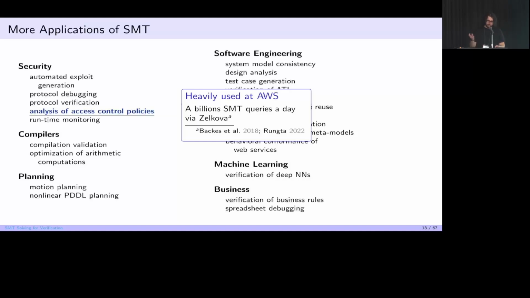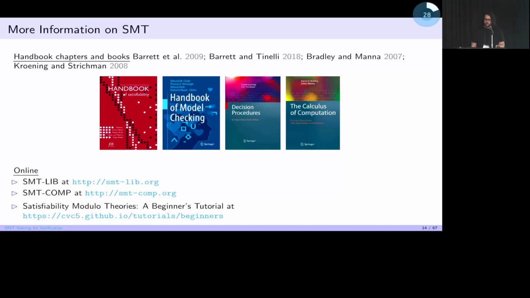So this is one of the big recent success cases of using SMT solvers, powered by the support of certain theories that allow one to reason about these access control policies, particularly strings and regular expressions.